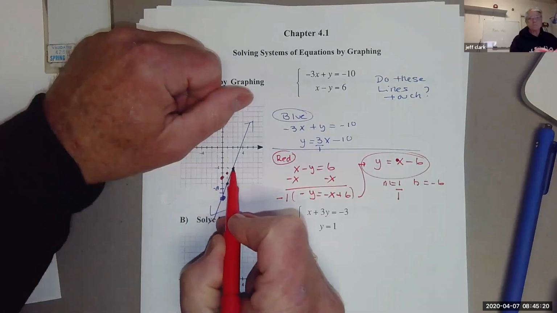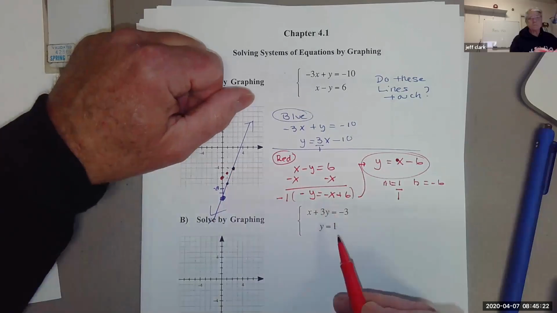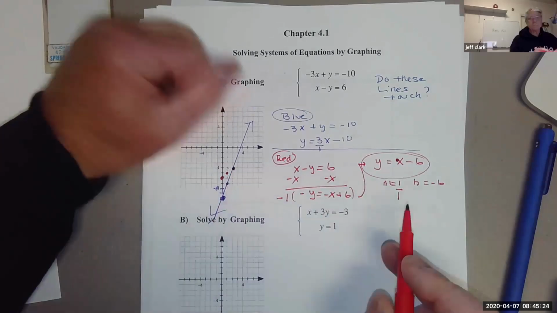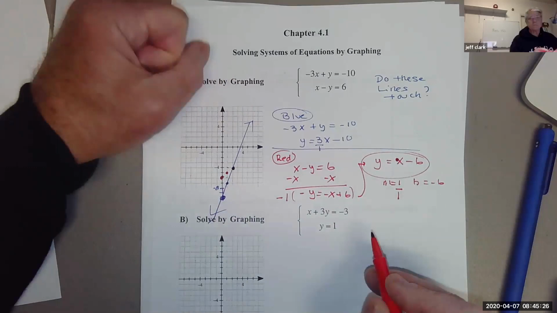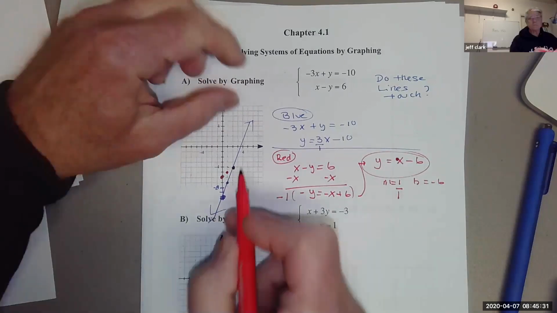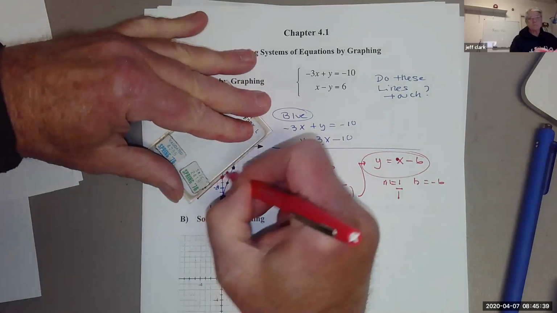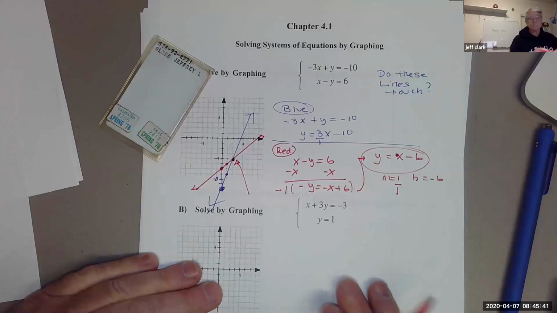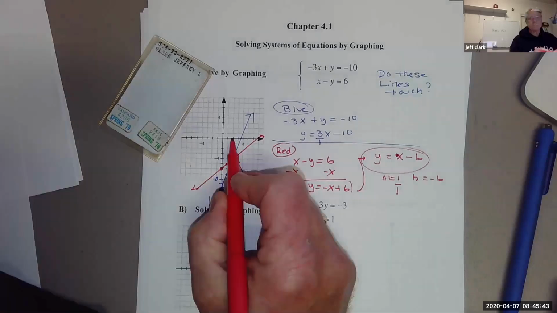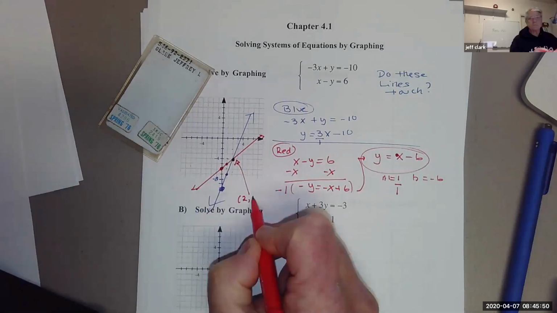Well, isn't that counting? It looks like it's 2, comma 1, 2, 3, 4. 2, comma 4 is the ordered pair where they touch.